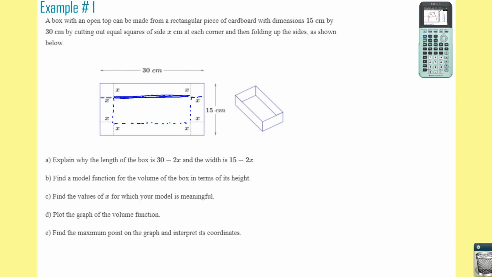And we can do the same for the width. So the width is now here. So we're taking 15 and subtracting our corners. Okay, so that's why. You're removing the corners.